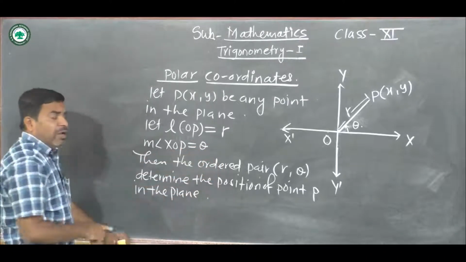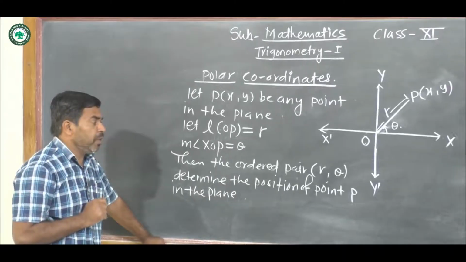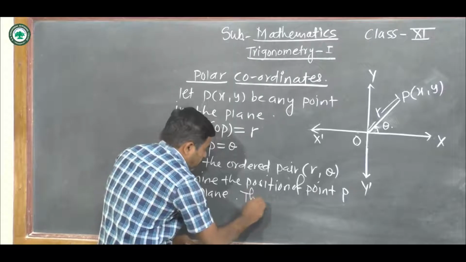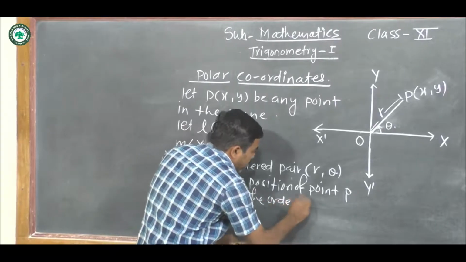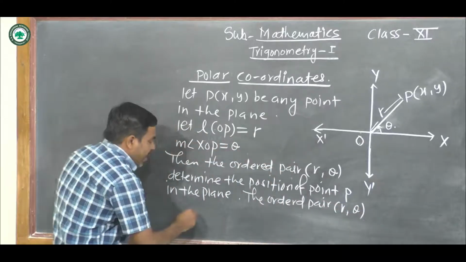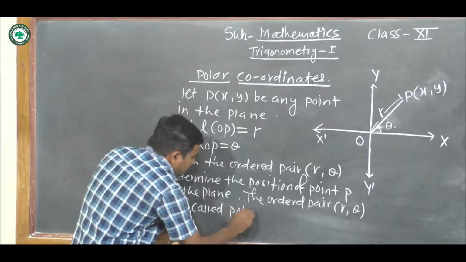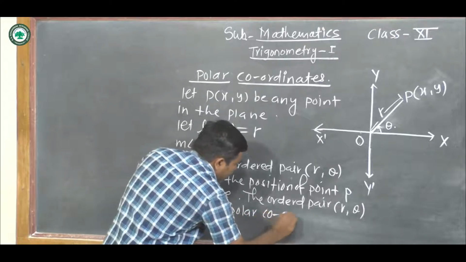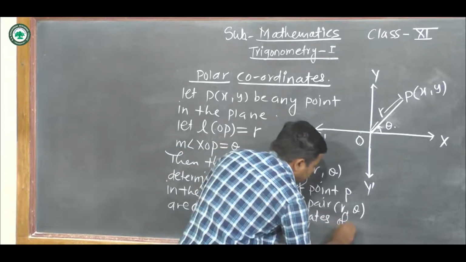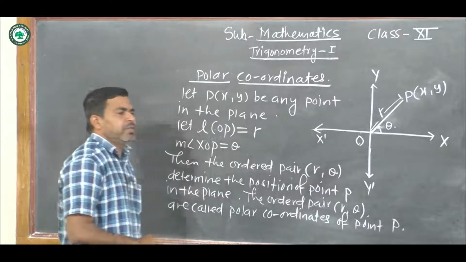This ordered pair r comma theta is called the polar coordinates of the point P. The ordered pair r comma theta are called polar coordinates of point P.